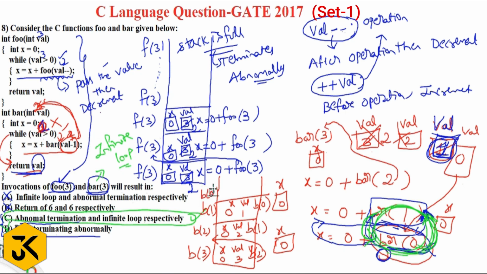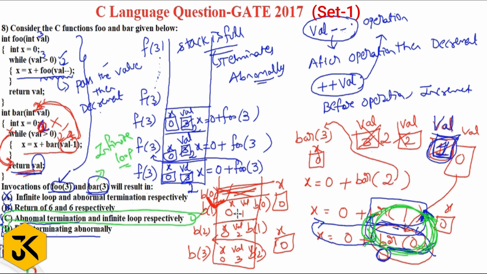Now while bar of 0 is executing, 0 greater than 0, the condition fails surely, then it is going to execute the return statement. Return value means this particular statement is abnormally terminated, and it is going to give its cursor to the previous function. Now bar of 1 is executing.